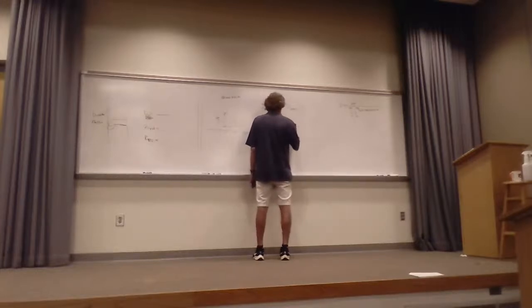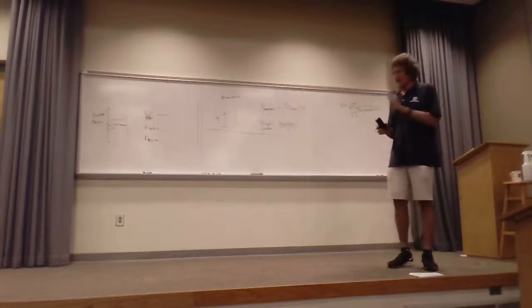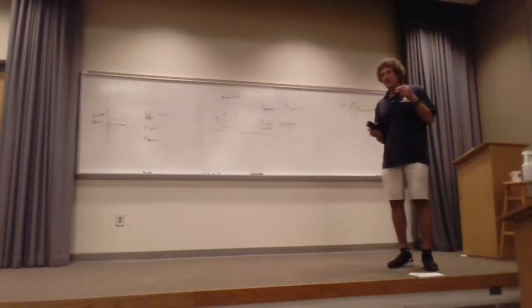Z input for the monopole is the Z input for the dipole divided by 2. So for a dipole antenna that's exactly half wavelength, it's 73.2 ohms plus j42.5, right?